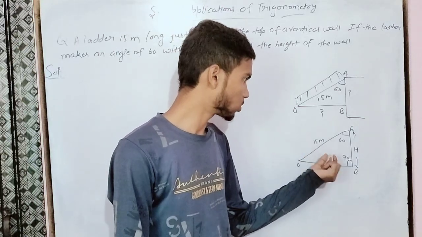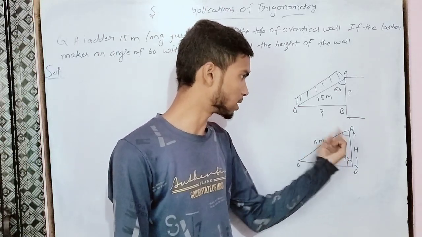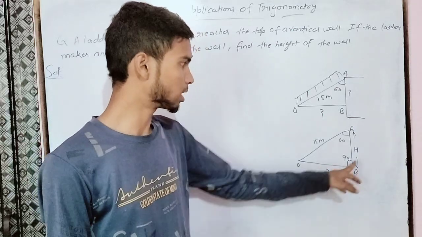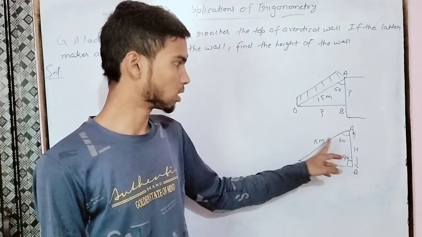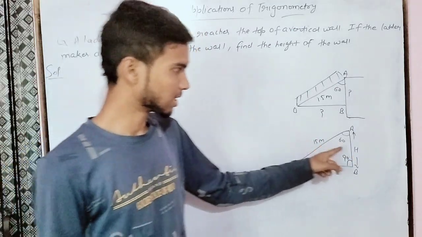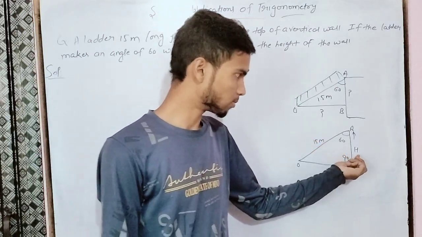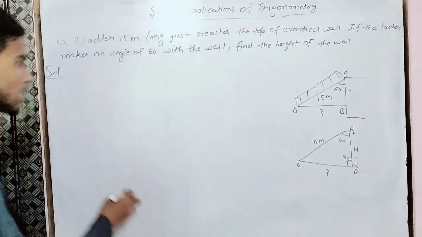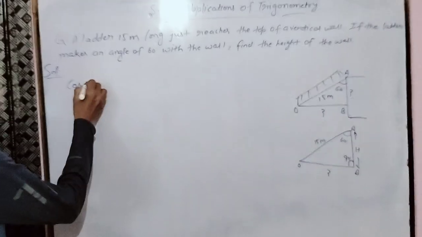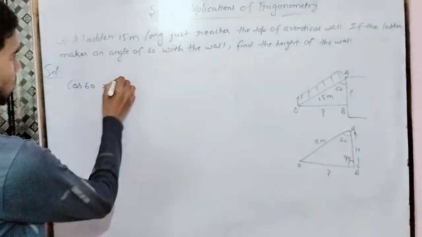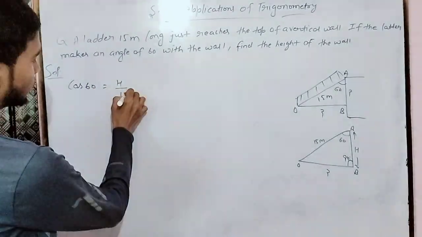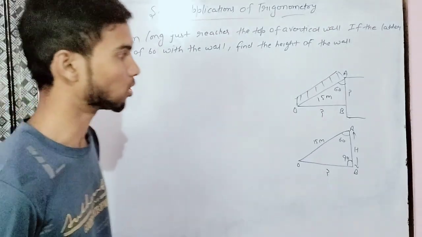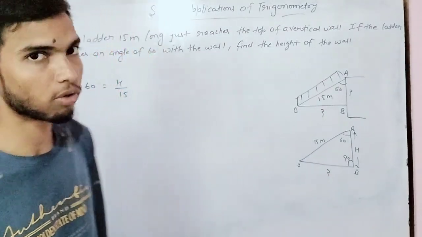So according to this theta, this is the perpendicular, this is the base. So can you tell me, cos 60 degree is h upon 15. What is this? B upon h. P upon h is the ratio of sine.